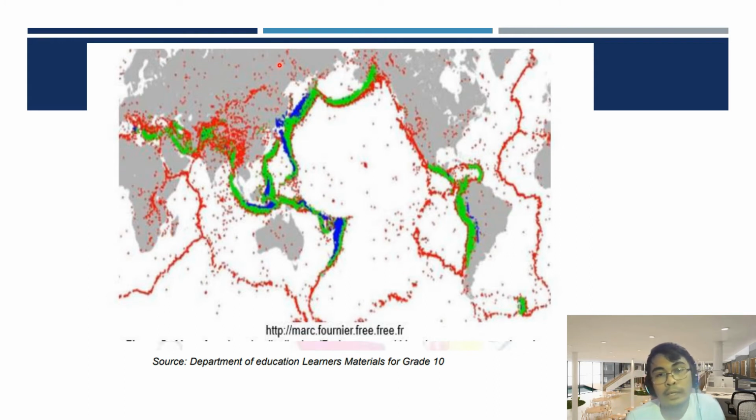So, yung gray na to, ito yung continent, and then yung white po, they represent the bodies of water. Okay? So, saan ba makikita yung mga red dots na yun? May mga part ba na walang dot? So, meaning to say, walang na-receive na earthquake or walang earthquake na nangyari. Okay?